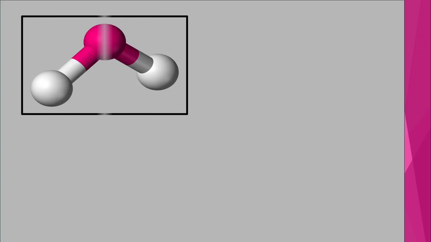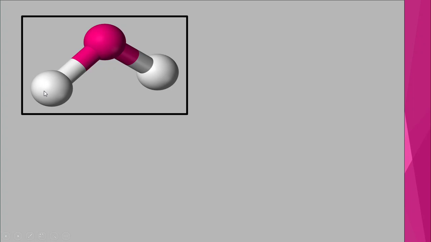We'll take the help of some three-dimensional molecules. So this is the water molecule. It's a V shape or bent shape structure. The central one is oxygen, and the atoms present on the sides of the oxygen are hydrogen.